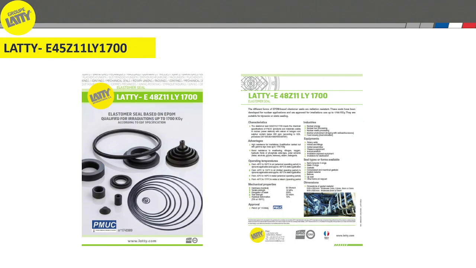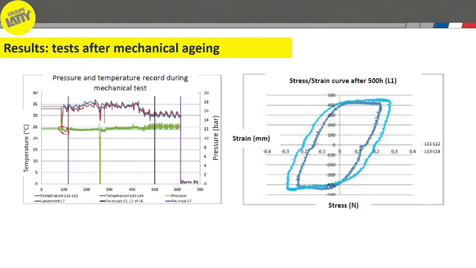Here we have the elastomer which was developed and qualified during this study, which is a special EPDM material. Now we'll see the results together. Here we have the result of the mechanical aging, the recorded parameters, and the friction test in order to assess the level of friction created between the sliding shaft and the O-rings.